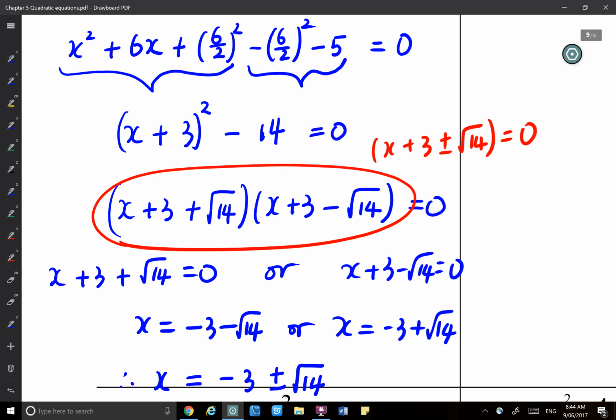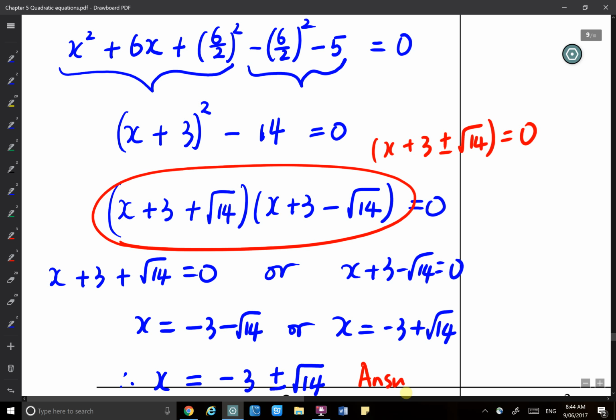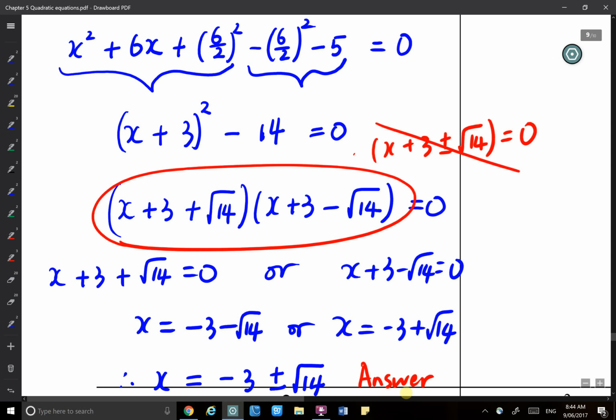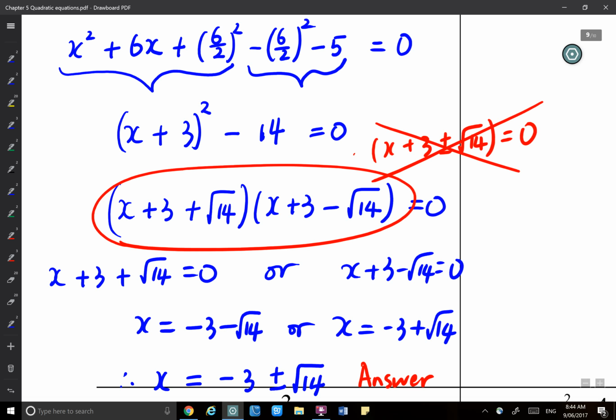Your answer can be written as minus 3 plus minus root 14, but when you write the expression, you can't write it that way. That is wrong. I think actually this is quite a creative way to write things. I never thought about that, but when I saw it, I thought it's better to discuss it here. So we can't write that, but we can write our answer like this.